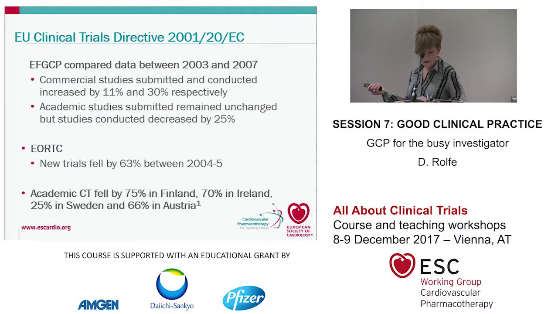And there was a paper called The Future of Investigator-Initiated Trials in the EU Academia, in Basic and Clinical Pharmacology and Toxicology in 2007, which gave these figures: academic clinical trials fell by 75% in Finland, 70% in Ireland, 25% in Sweden, and 66% in Austria.